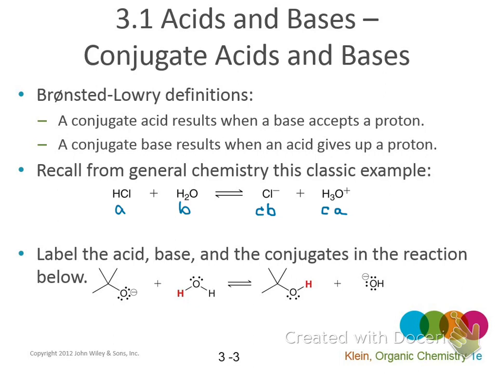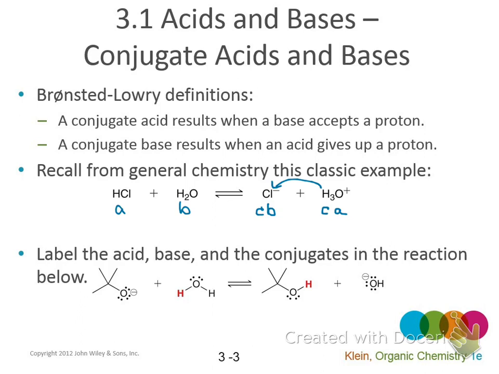Because when we're talking about the equilibrium concept, the reactions are reversible. So in the reverse, the proton is going to go from the conjugate acid back to the base to establish the equilibrium. So we have a forward reaction and a reverse reaction. Conjugate just simply means that on the reverse reaction, it's acting as either the acid or base.